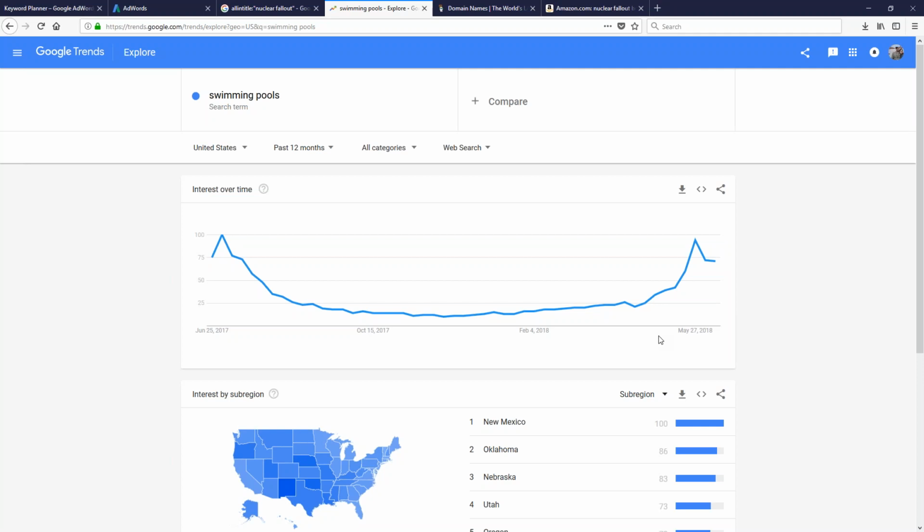Now, it's not necessarily a bad thing to go for a seasonal niche, but if you're only running one Amazon site, it's a lot more noticeable. But if you build a number of these sites and you target a variety of these different seasonal niches, you can have it balance out.